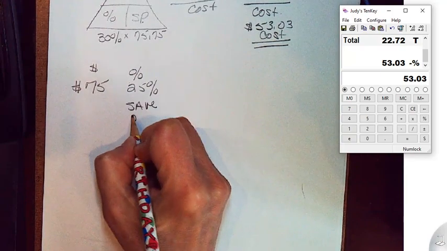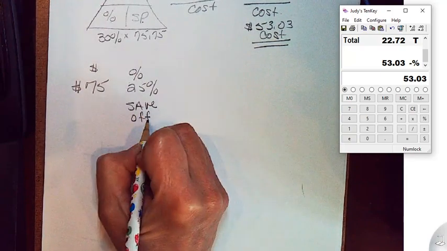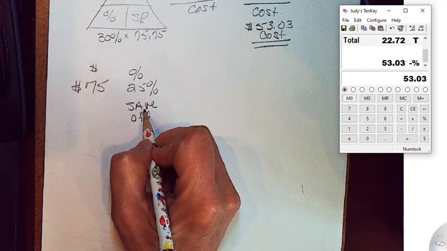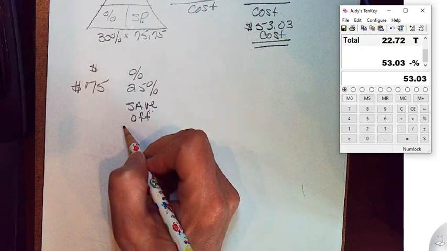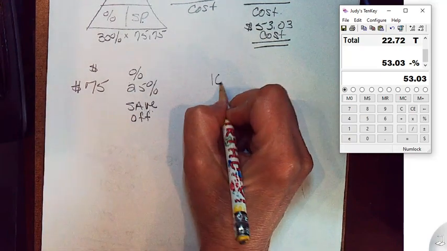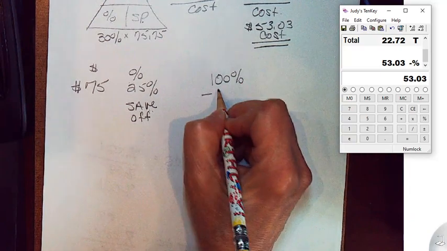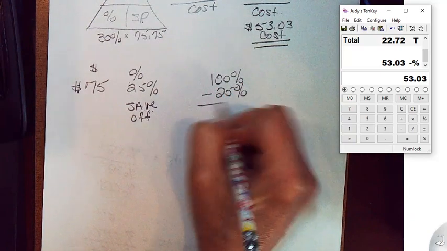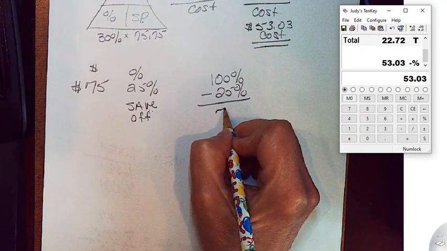It's off, whatever your brain works, it's off 25%. Well, if I'm going to save 25%, what's it going to cost me? Okay, well, 100% is my whole cost, minus the savings rate, sorry. Then I'm going to pay 75%.